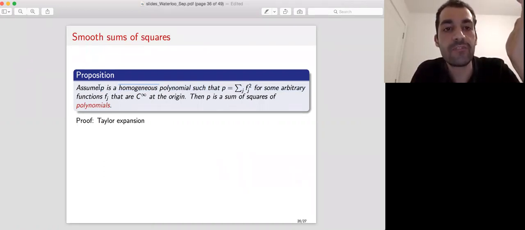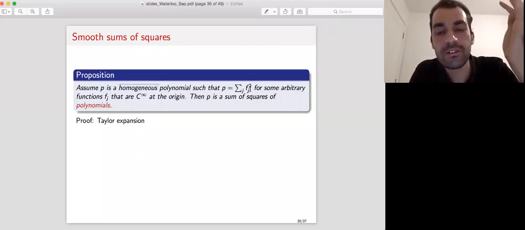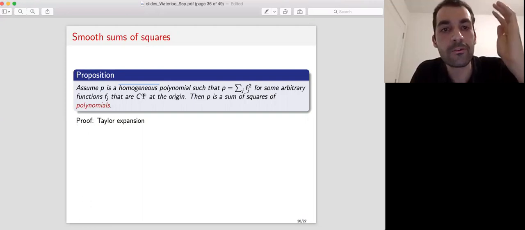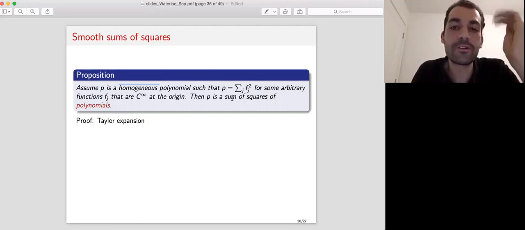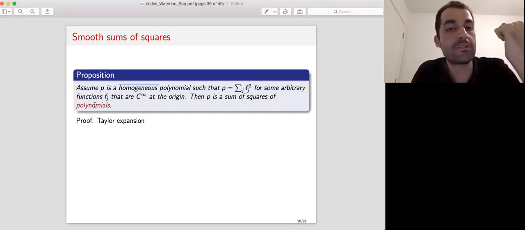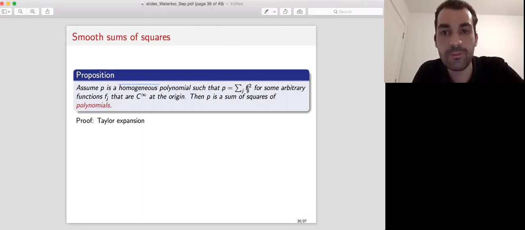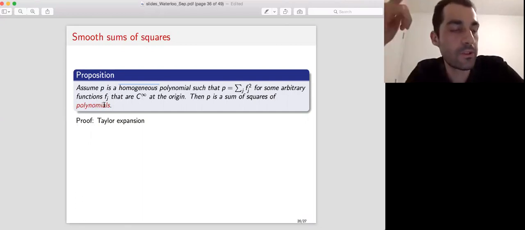If you have a homogeneous polynomial p that's a sum of squares where the functions under the square are all C infinity at the origin, then you can show that p is a sum of squares of polynomials. The functions fj a priori were not polynomials, but if they are smooth at the origin, then this has to be a sum of squares of polynomials. And this contradicts my first assumption that p was a non-negative polynomial that's not a sum of squares.